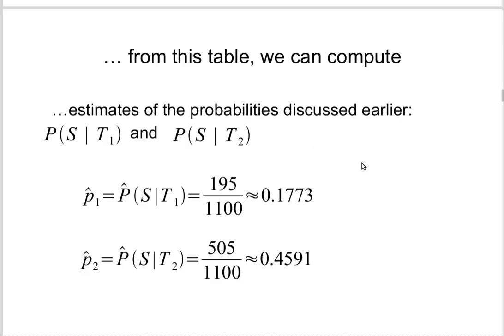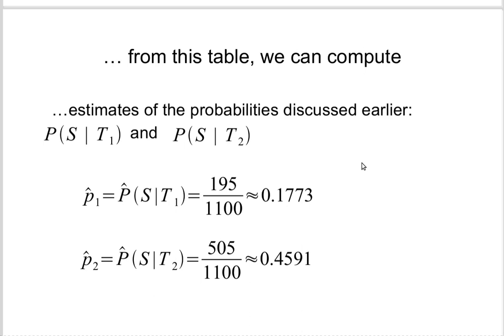But from this simple table, we can compute estimates of the probabilities that we've described earlier. Now, here's where we have to be clear. We're going to be constructing some proportions here, some ratios of actual numbers. Here's where it is important to use different symbols for the estimates. In this illustration, we'll be using hats for the estimates.